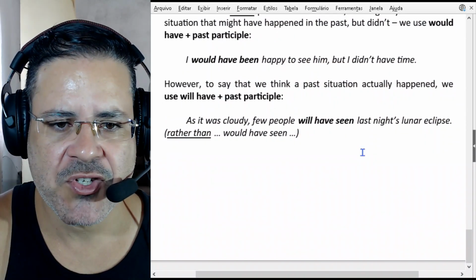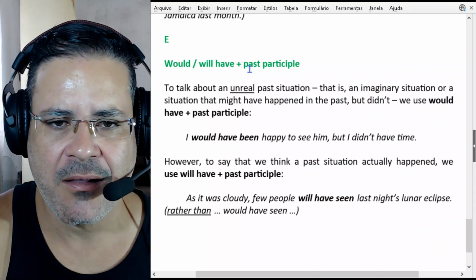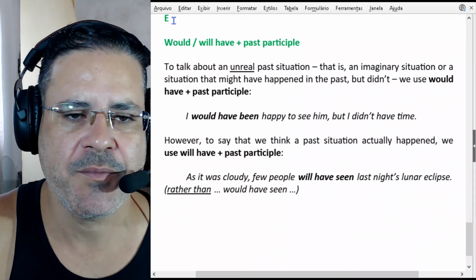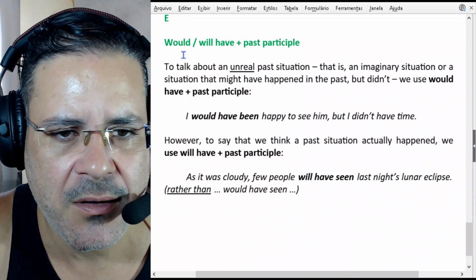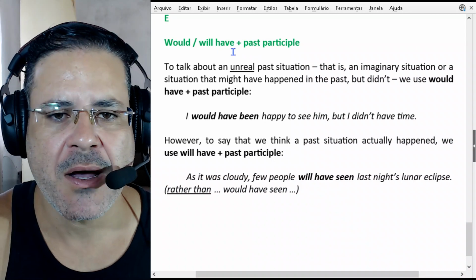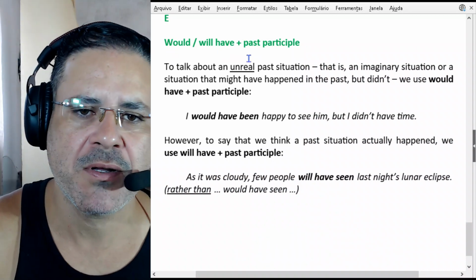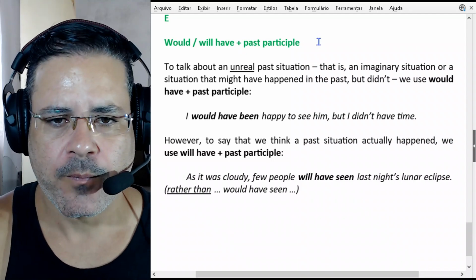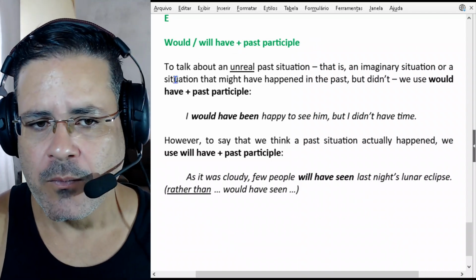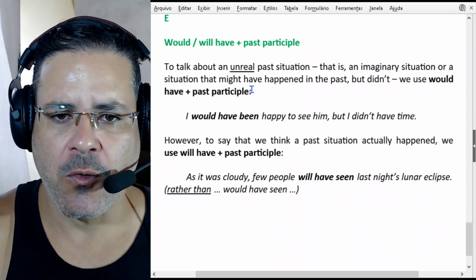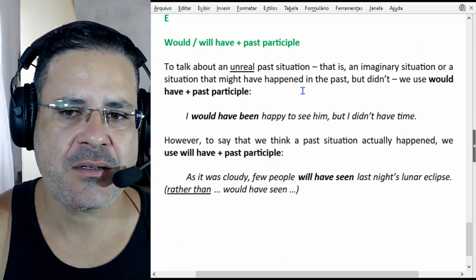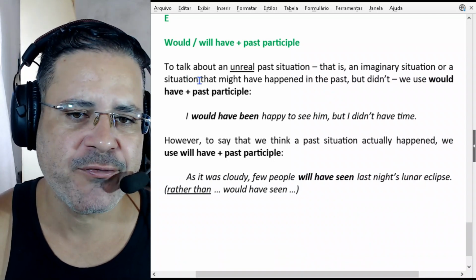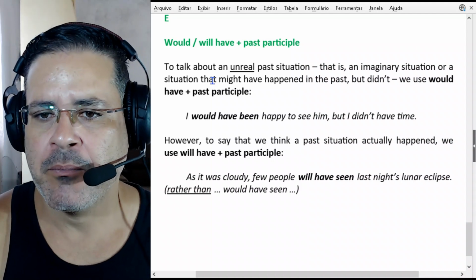Okay, moving on to section E. This is actually the last section of that unit about modal verbs. Now we're considering would and will have plus past participle. We use those verbs to talk about an unreal past situation, that is, an imaginary situation or a situation that might have happened in the past but didn't.